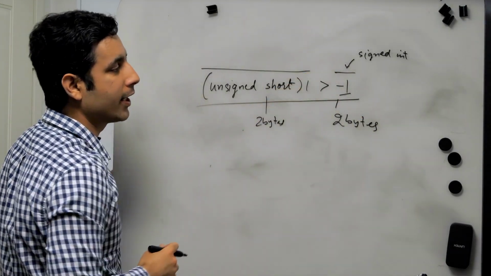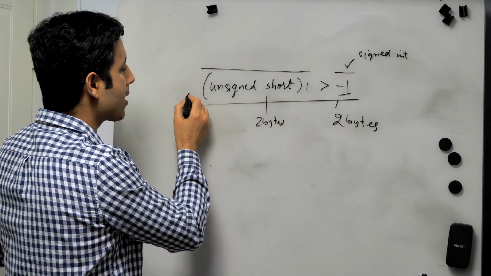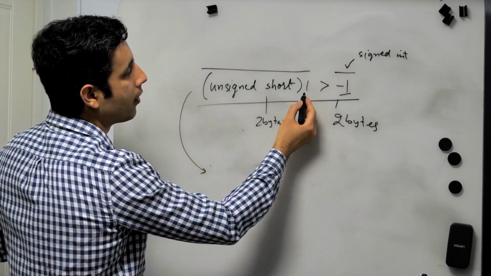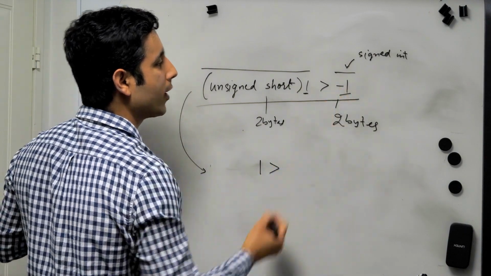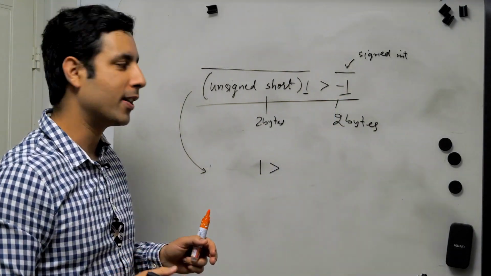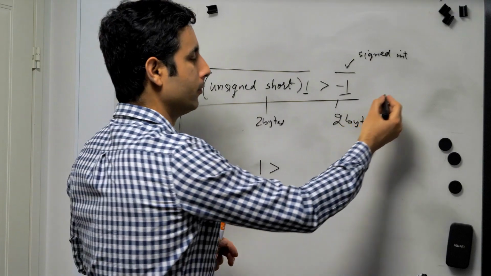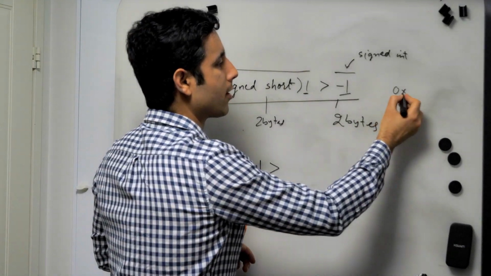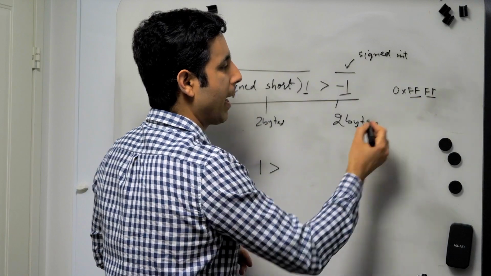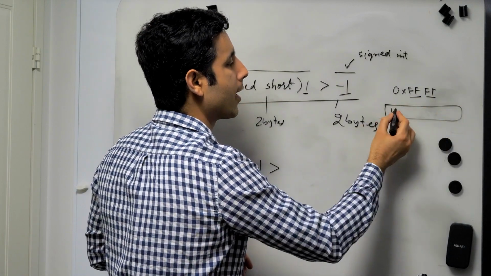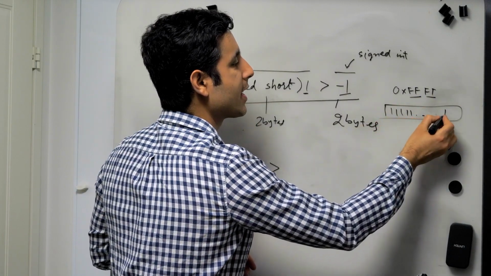So in this case, if we upgrade to unsigned integer, all the values of unsigned short would obviously be representable in unsigned integer. So in that case, 1 will remain 1, but -1, the bit pattern of -1 is all ones. So it is F, F. So bit pattern is essentially all the bits are 1, 16 ones.